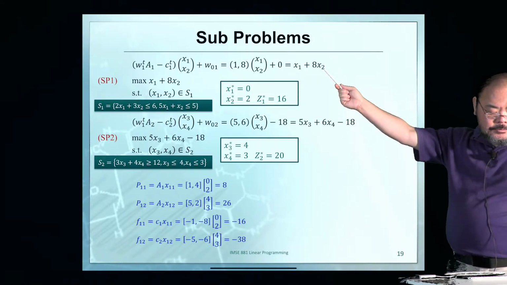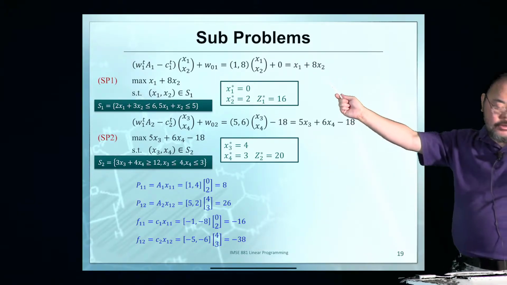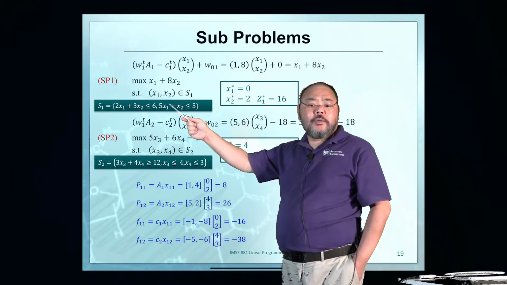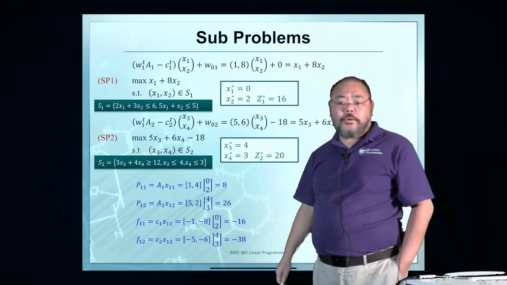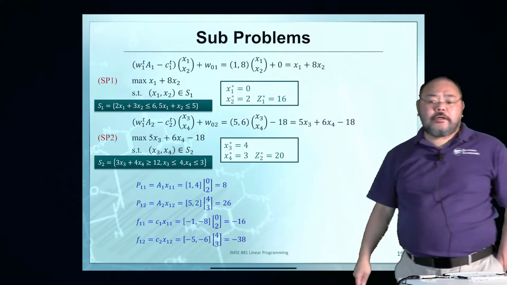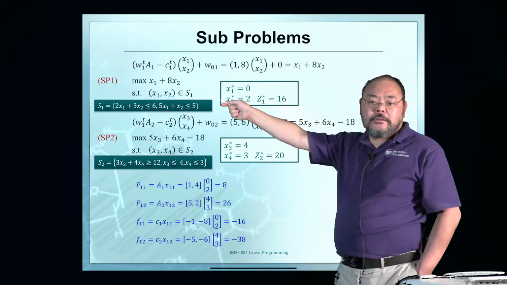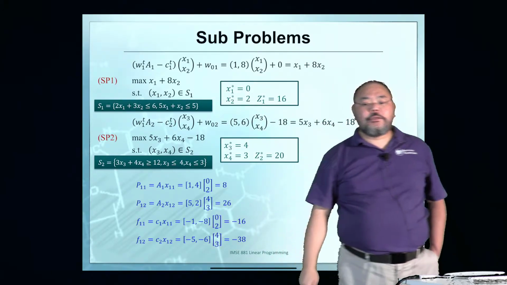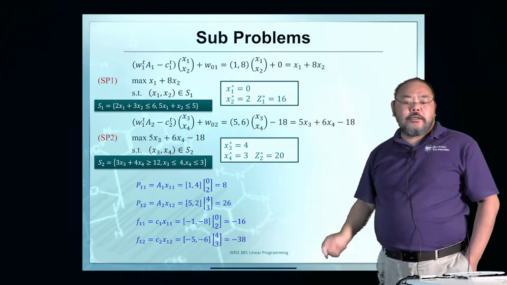So my objective function is X1 plus 8 X2 for the subproblem, and X1 and X2 belong to S1, the first set of constraints. The optimal solution from solving this subproblem is X1 equals 0, X2 equals 2, objective function equals 16.